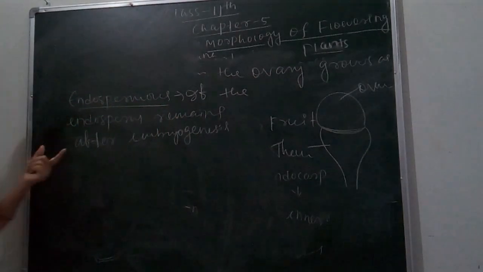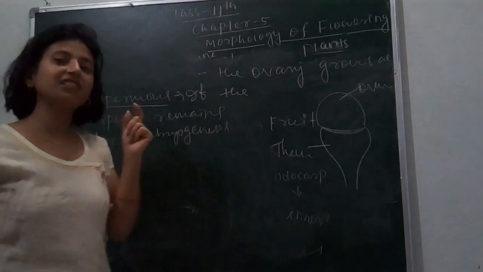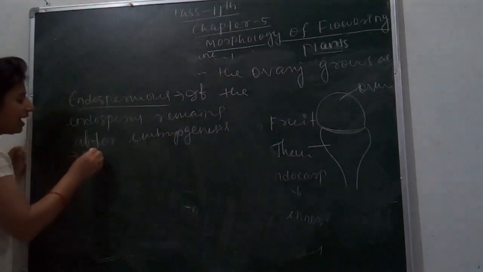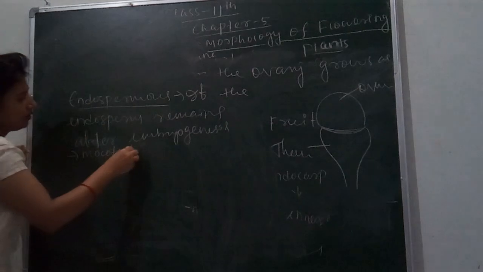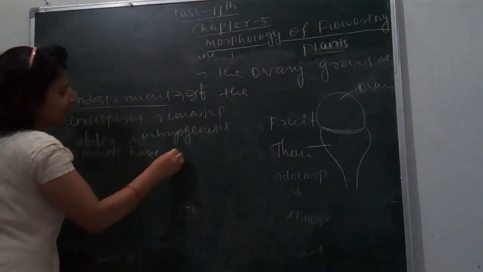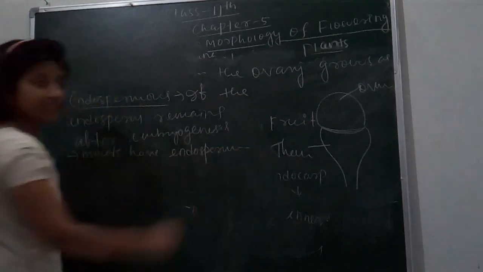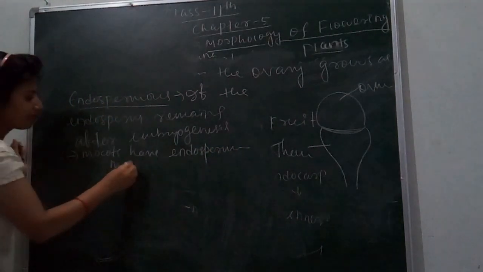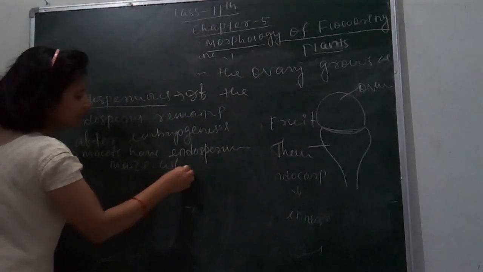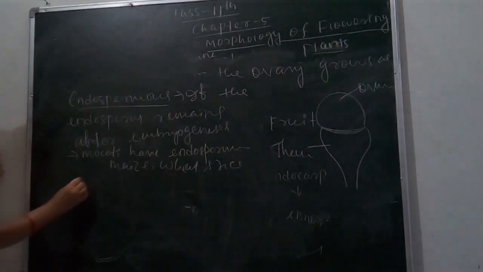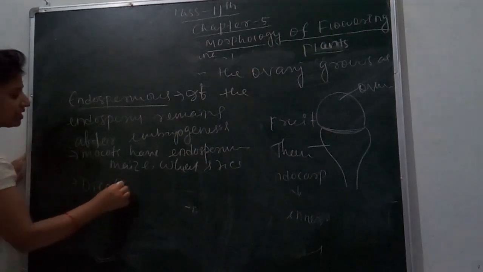So monocots have endospermous seeds like maize, wheat and rice. But dicots have non-endospermous seeds.